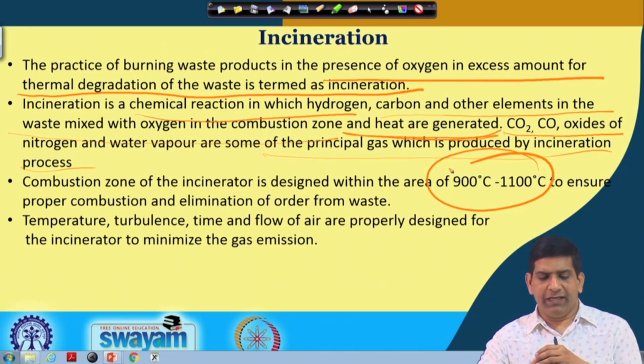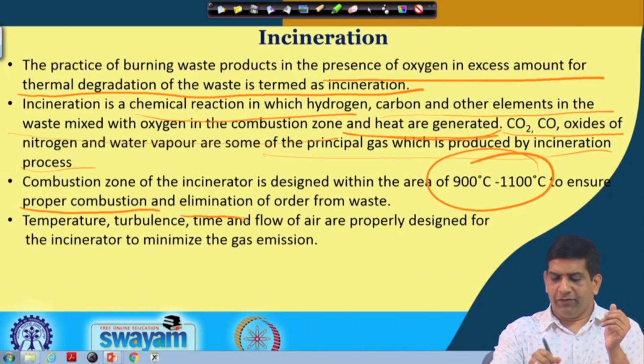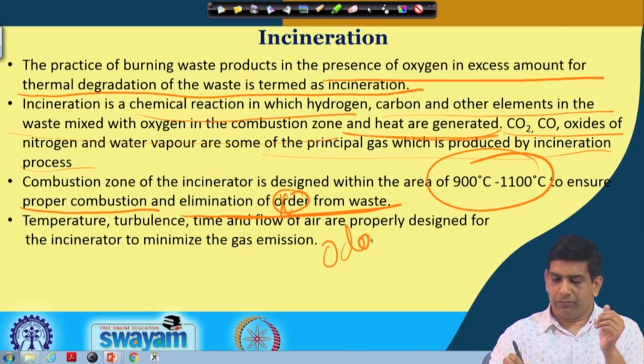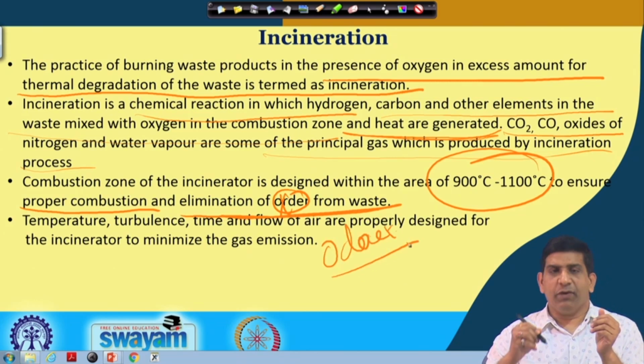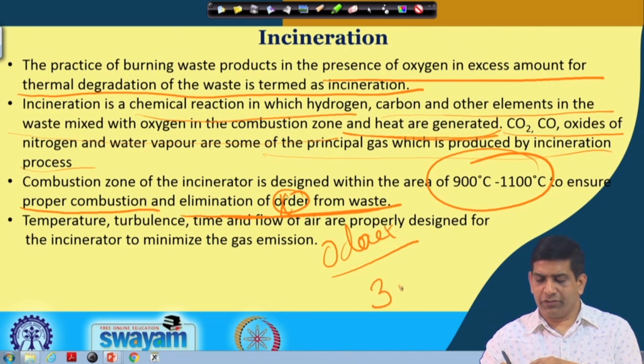So what it does is make sure that you have proper combustion and elimination of odor, the smell from waste. There are three major things that we need to design for: temperature, time, turbulence. That's called the 3 T's of combustion.